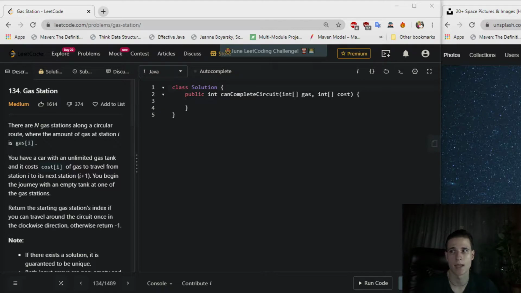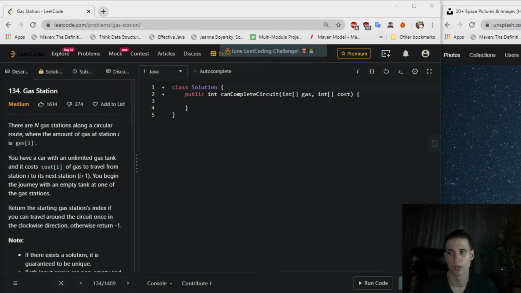And this is called gas station. There are n gas stations along a circular route, where the amount of gas at station i is gas[i]. You have a car with an unlimited gas tank and it costs cost[i] of gas to travel from station i to its next station i plus 1.